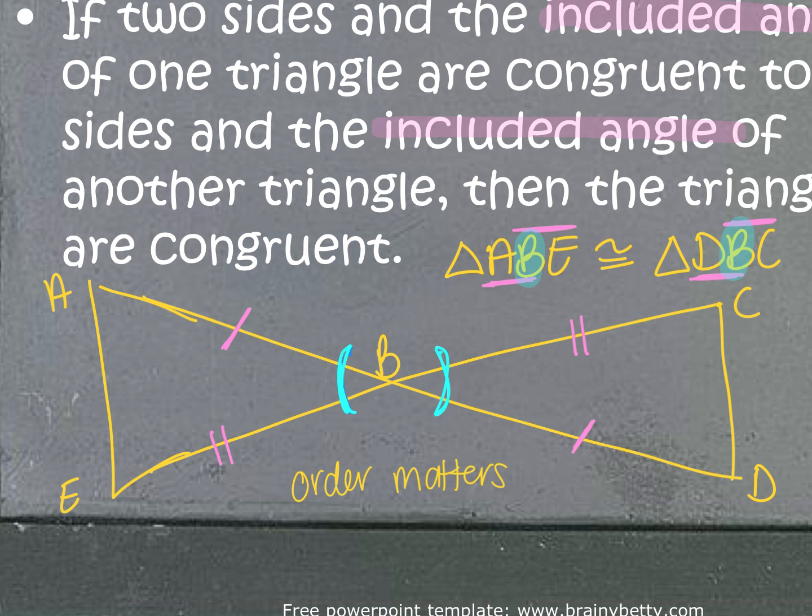You have to make sure you're writing it accurately or it's going to get mixed up or confused. So again, here is my side. Here is my included angle and my other side that's congruent. Same thing, here is my side. Here is my congruent angle and my other side that is also congruent.